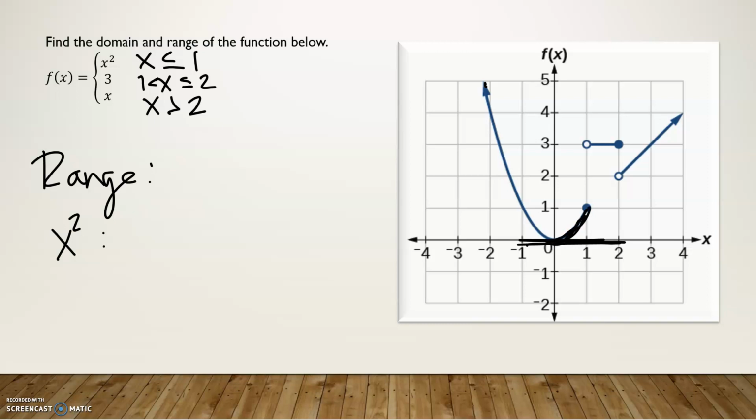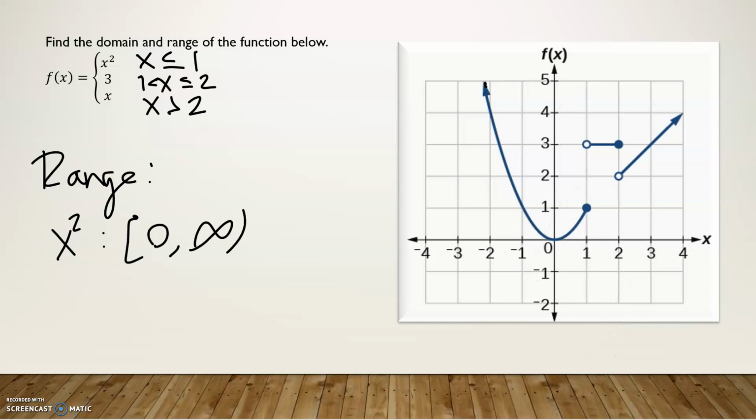This is the lowest point here, so it starts at 0, and it goes up to positive infinity, because this is positive infinity for y and this is negative infinity for y. It also includes 0. So we go from 0 to positive infinity for that one.